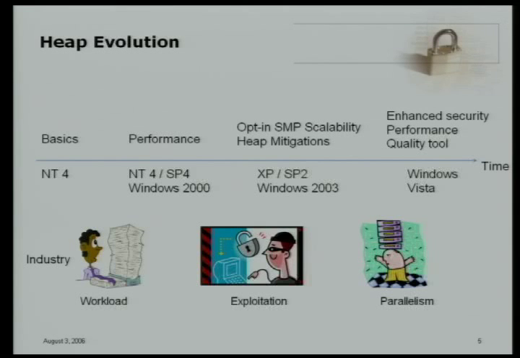And now in Windows Vista heap, we had an even bigger step forward. First to address the next round of exploits that were found, and also to increase the performance and address performance problems such as fragmentation, scalability on multiprocessor machines, and such.